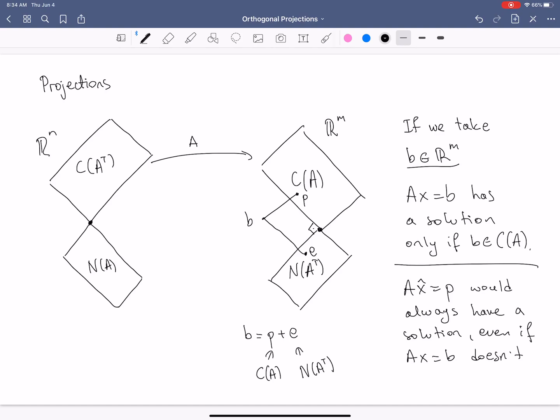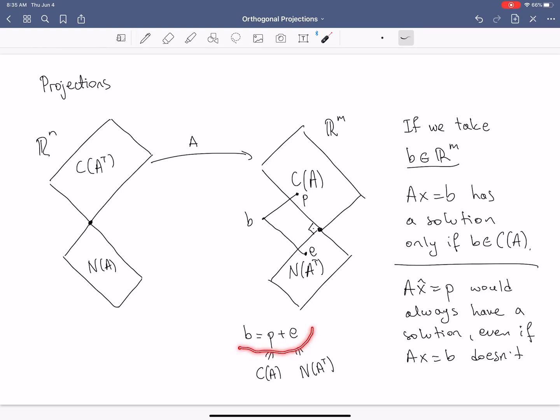So you see, if you split the vector b into a part that is in the column space and the part that is not in the column space, this is under the assumption that this split into a column space and a left null space is non-trivial, meaning you do actually have a non-zero left null space. And we take a vector b in Rm, which is not entirely contained in the column space.